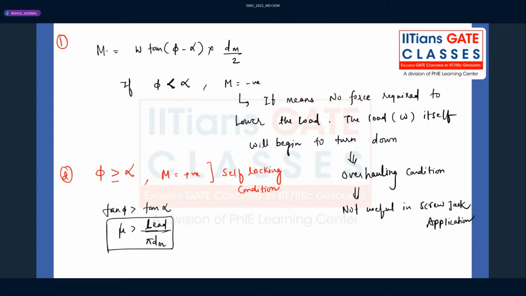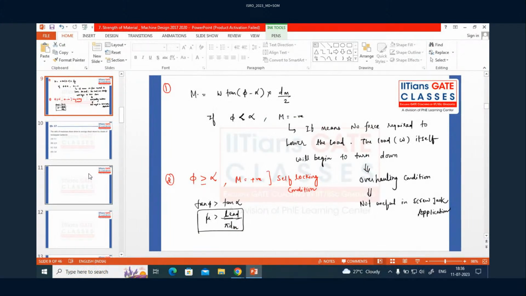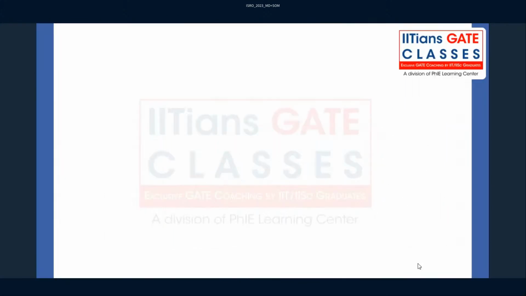Now, note on the last point regarding this particular screw jack. Efficiency of square threaded screw.